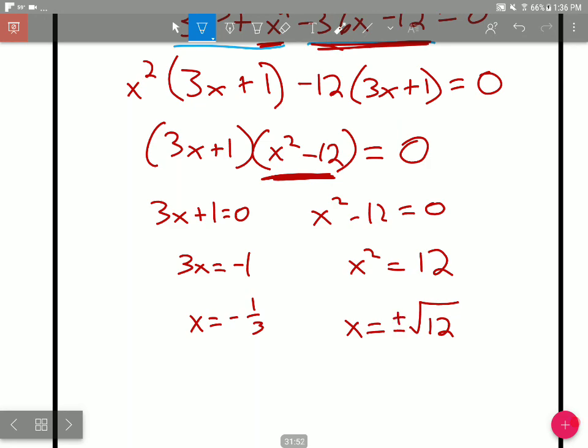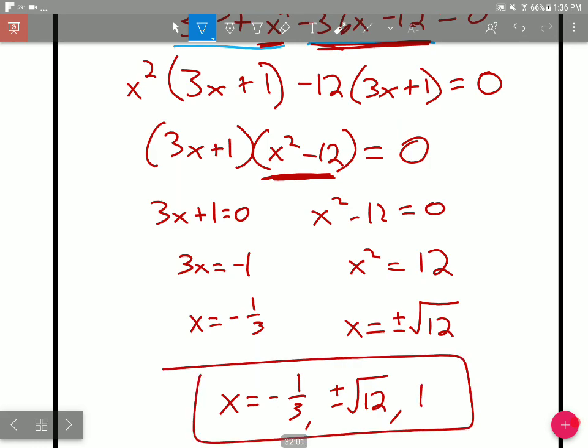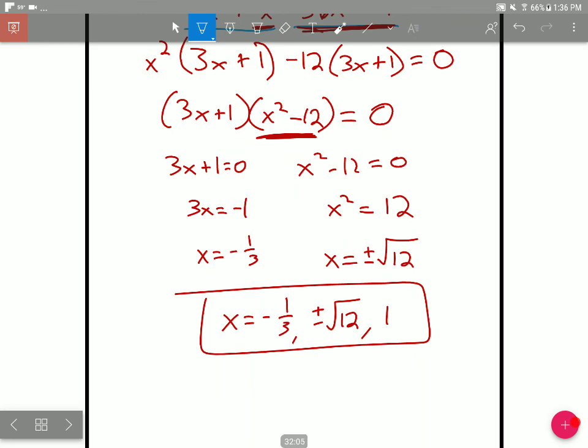So your answers are negative 1/3, plus or minus the square root of 12, and the 1 you divided out earlier. Those are your 3 answers. You ask, why is it plus or minus? Remember, every time you square root to get rid of a square, you have 2 versions, a positive and a negative.